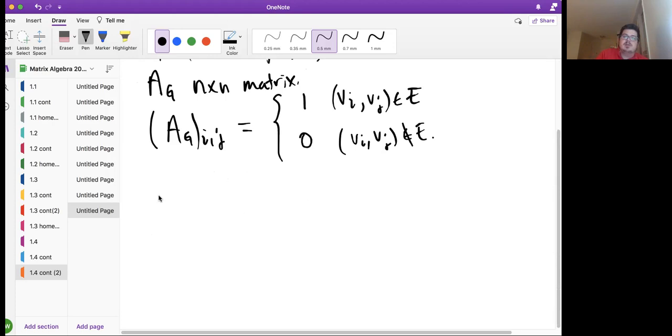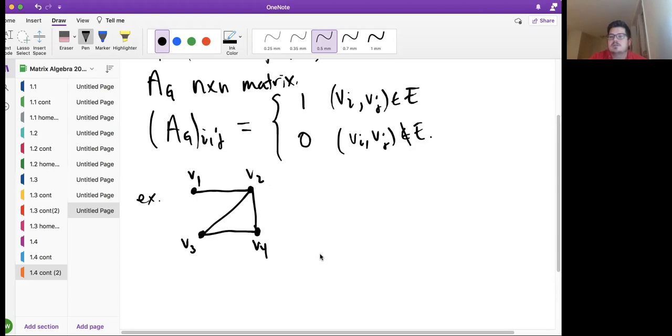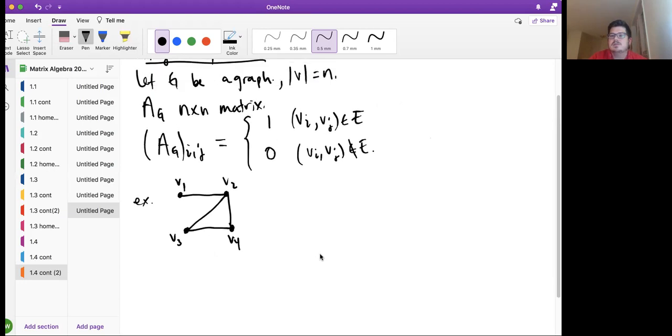So let's just do an example. Let's do the one that we were looking at before, called V1, V2, V3, and V4. So what dimension matrix is this? The adjacency matrix is going to be? We're almost done. What's the dimension?